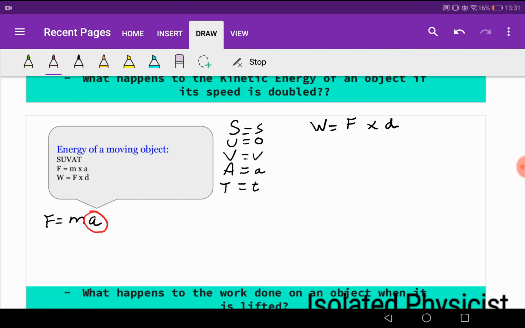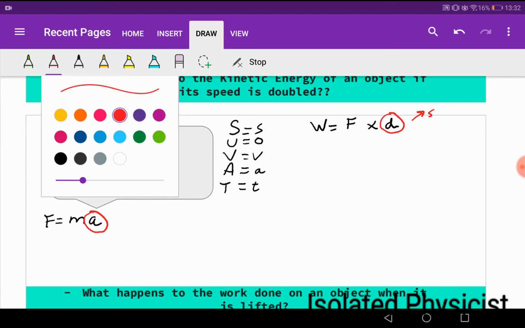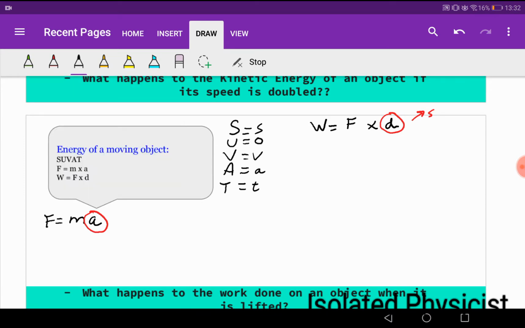Let's also look at what S is. There's an equation for S, because we'll substitute S in for distance in our equation.